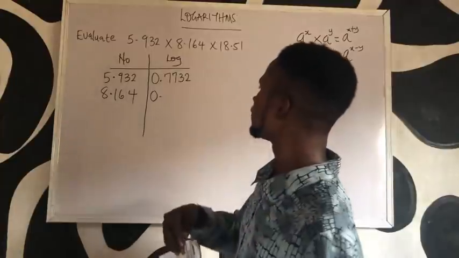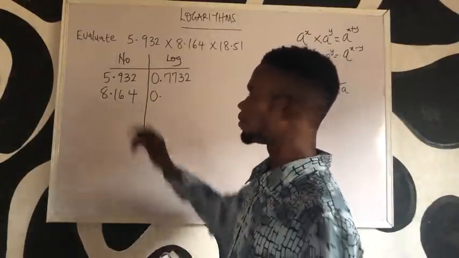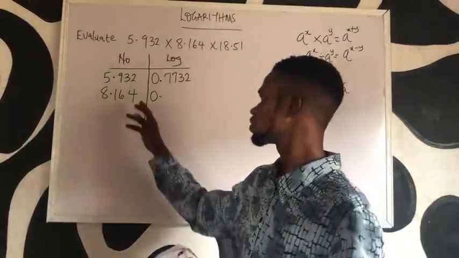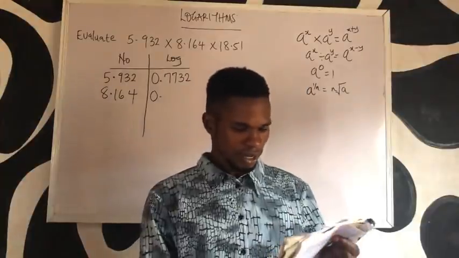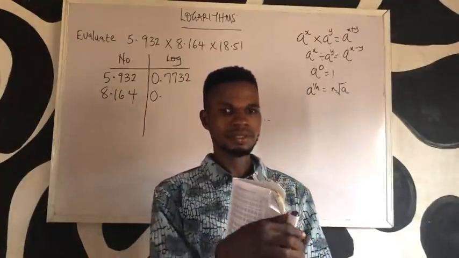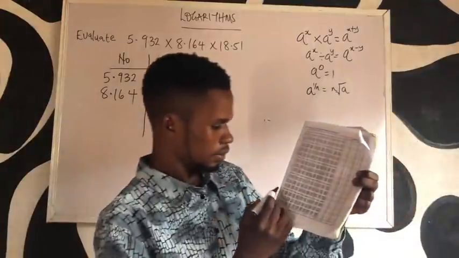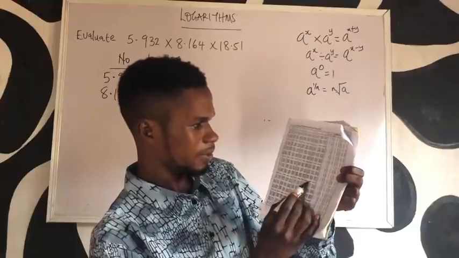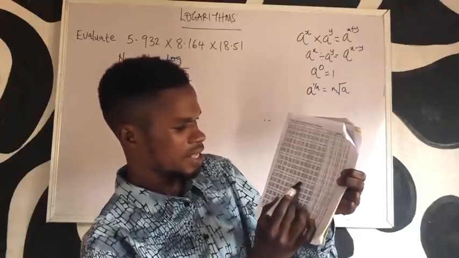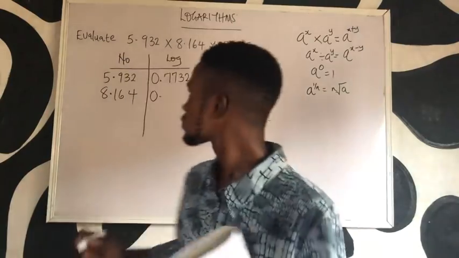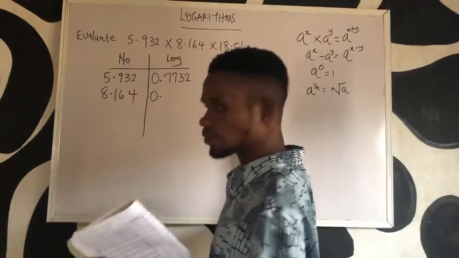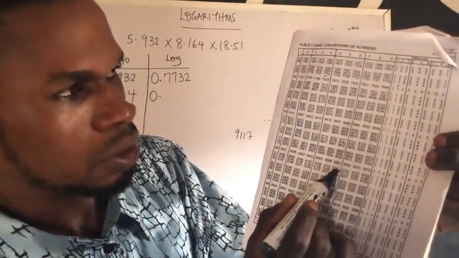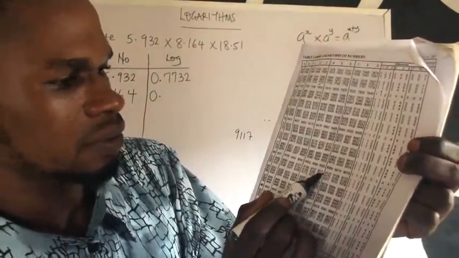Now, the log of 8.164 is given as log 81 under 6 difference 4. The logarithm of 81 under 6 is 9117.